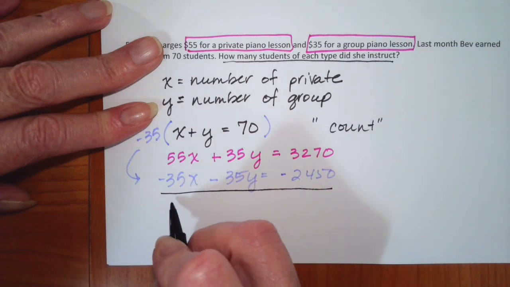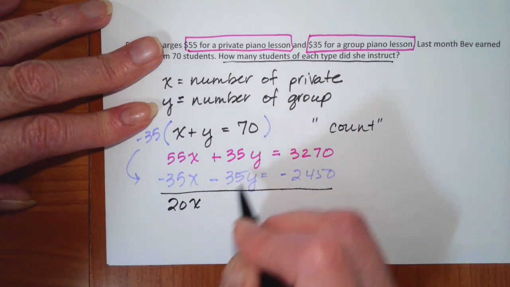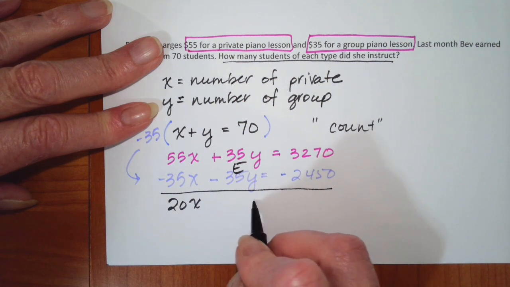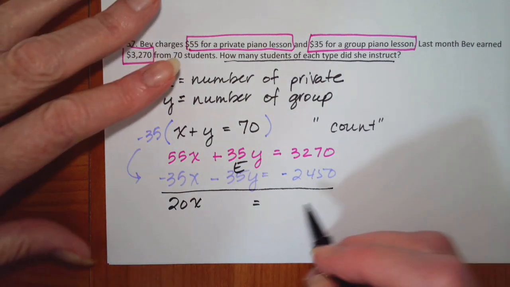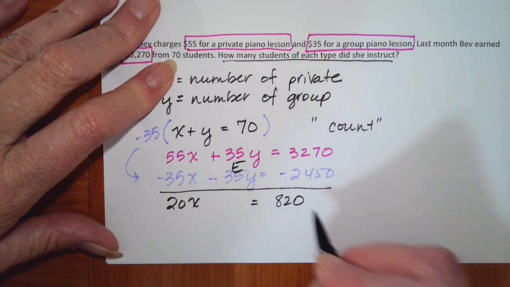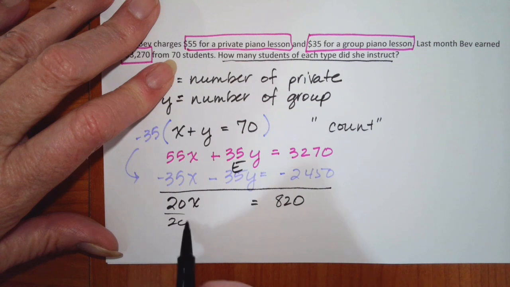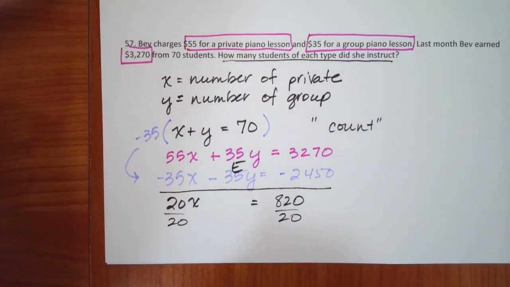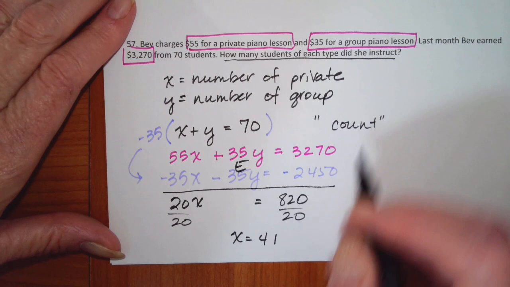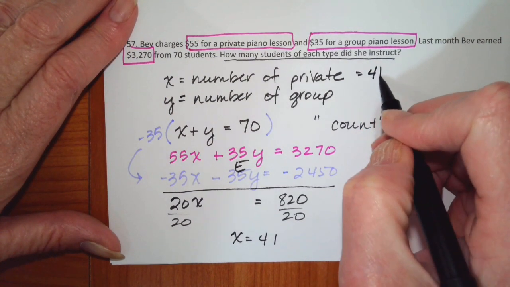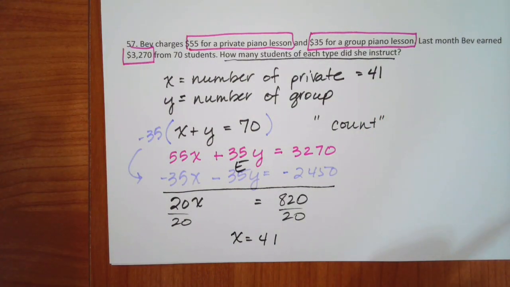So now if I add these together, I get 20x is equal to 3270 minus 2450 gives me 820. And when I divide by 20, I get x equals 41. So there are 41 private students.